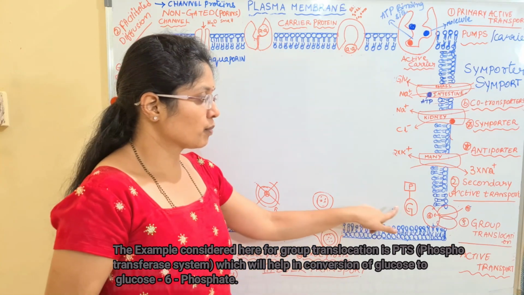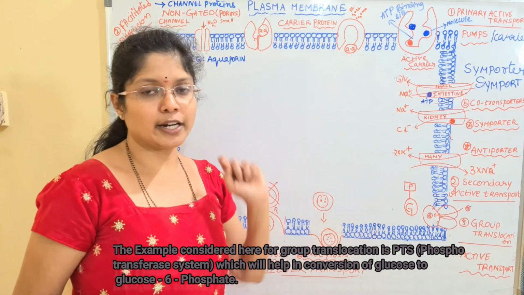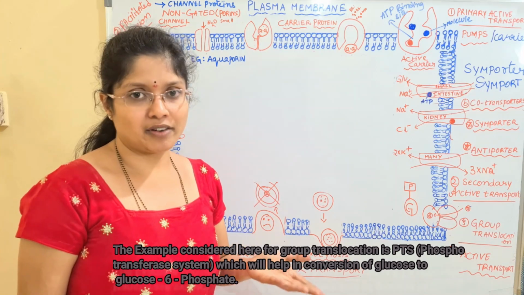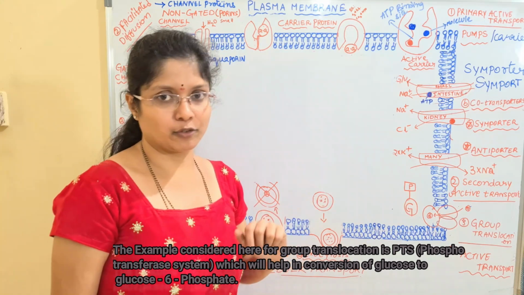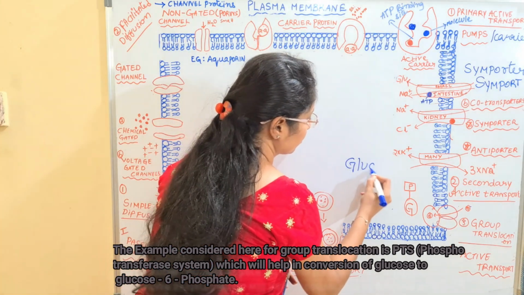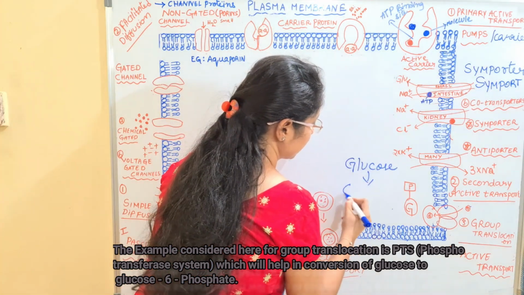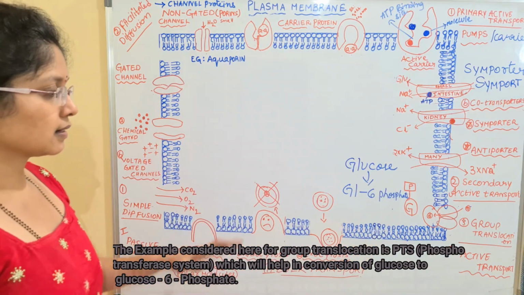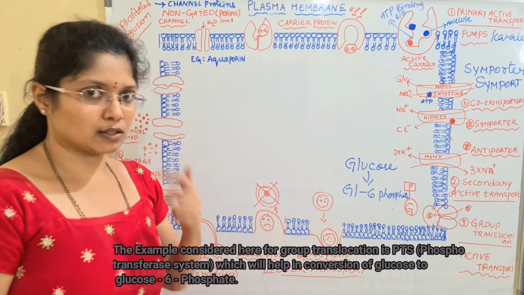But in group translocation, the substrate entering the cell is modified. This is the major important point you have to remember. And what example did I give? Glucose is modified into glucose 6-phosphate. Okay, this is regarding group translocation.